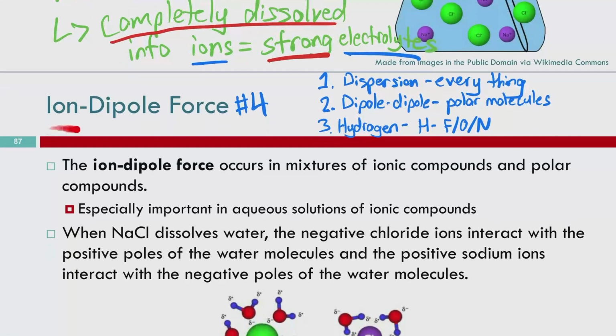And then our fourth force is the ion-dipole force. And part of the reason that I point out for the dipole-dipole force that it's between one dipole and another dipole, is because our ion-dipole force is between an ion and a dipole. Our ion being a charged particle, so something with full positive or negative charges. And the dipole being the partial positive or partial negative end of a polar molecule.